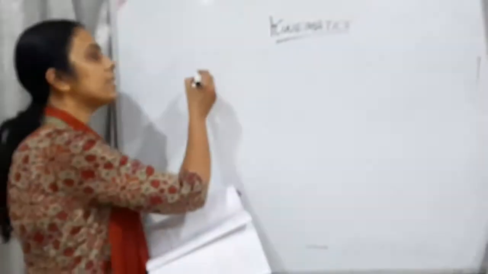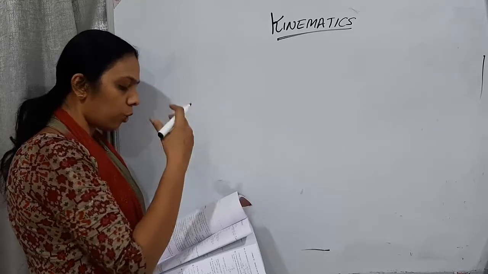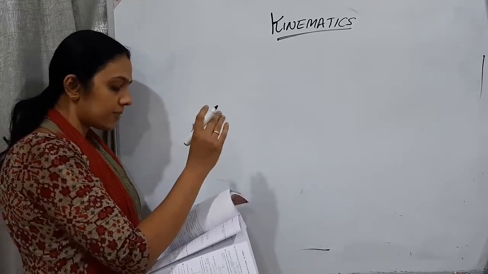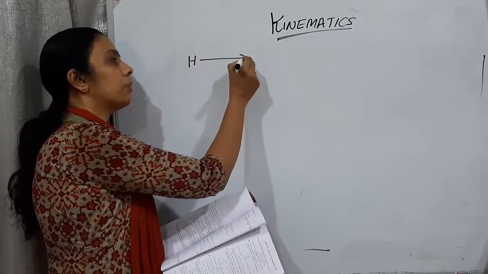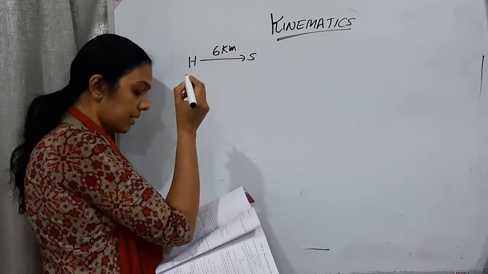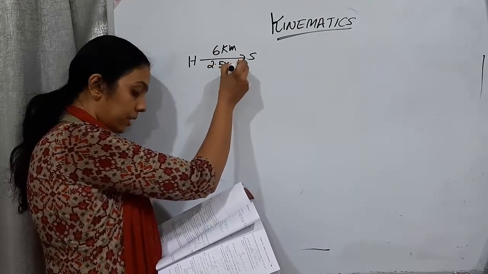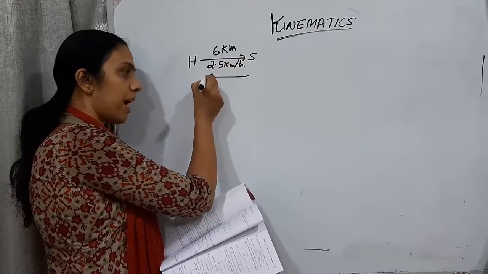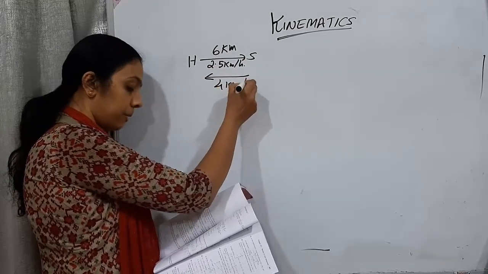So a boy is walking from home to school, that is 6 km, at a speed of 2.5 km per hour, and walks back with a constant speed of 4 km per hour.